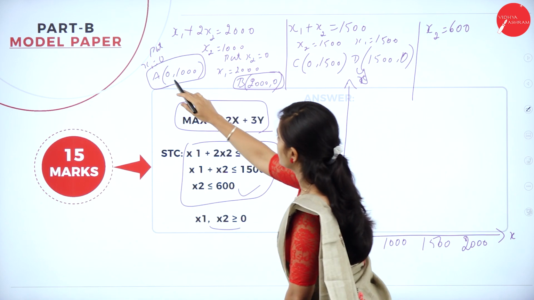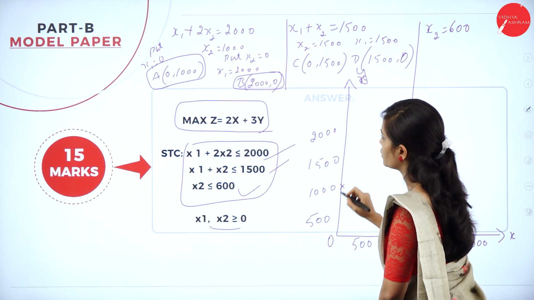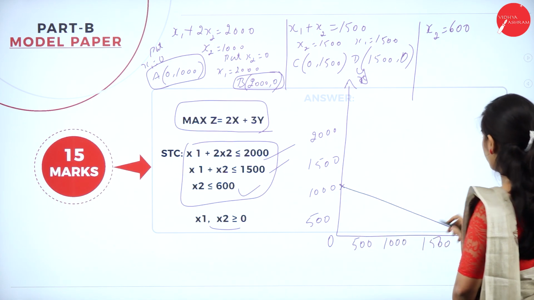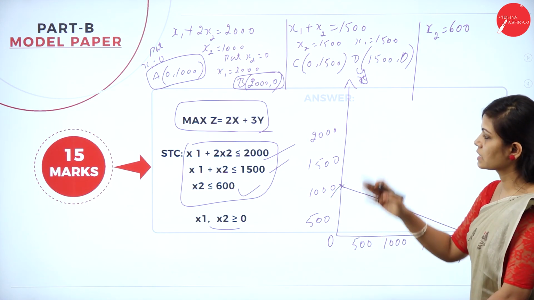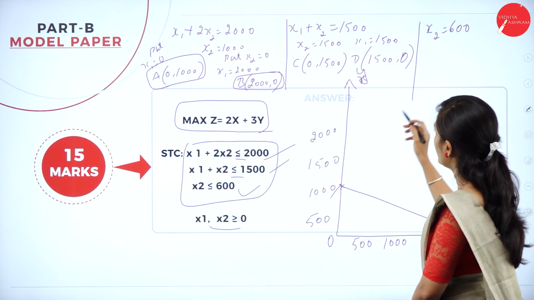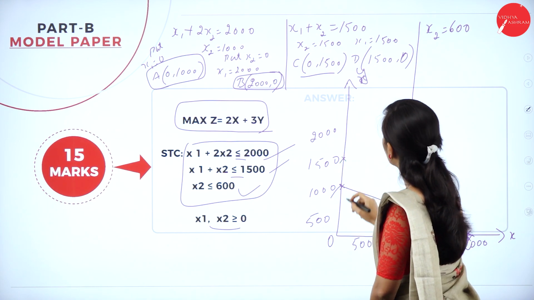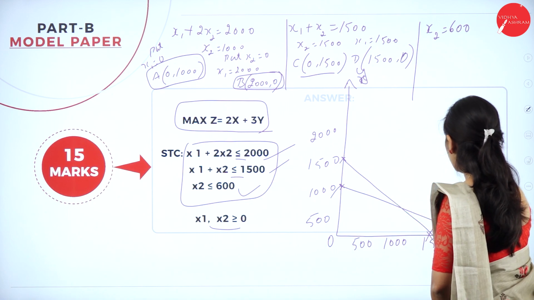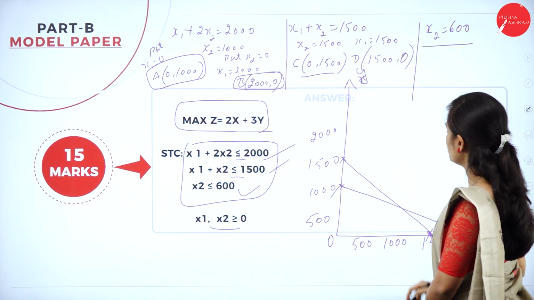Now, I'll join the points (0, 1000) and (2000, 0). This is the first constraint. Join these two points first, and the region is towards the origin because it is less than or equal to. Clear? And the third constraint has points (0, 1500) and (1500, 0). Join these two points.